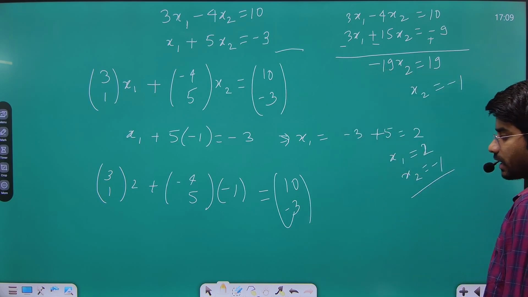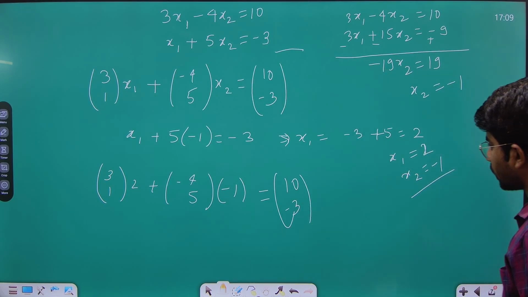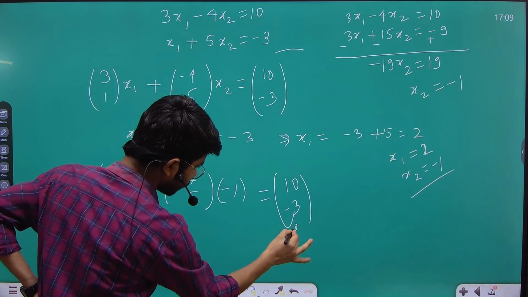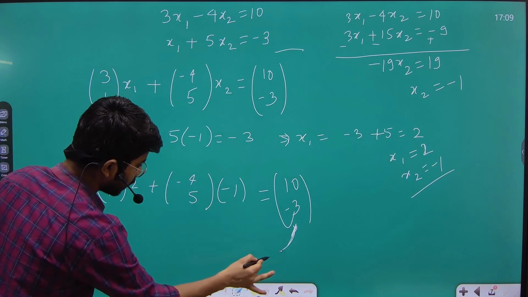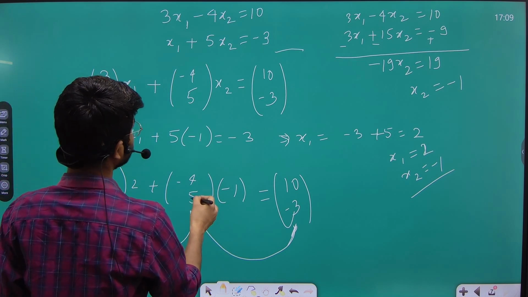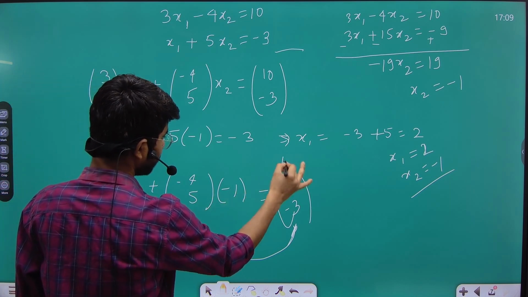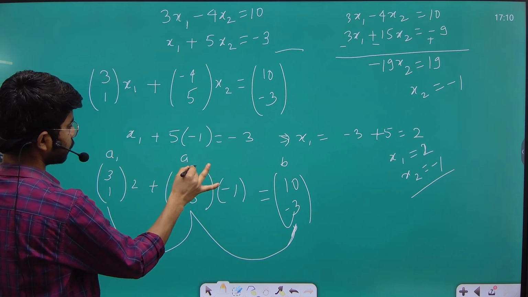This is the case of a scalar product of the vector. Or in the other sense, you can say that this vector can be represented as the linear combination of these two vectors. Which two vectors? Suppose this is vector B, this is your A1, this is your A2.